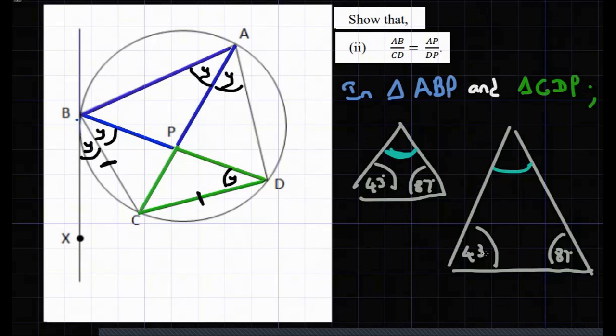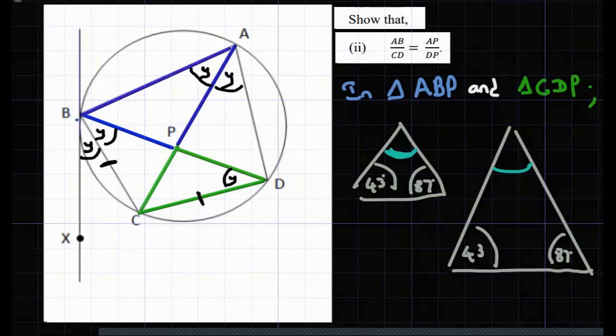We have 43, 43, 87, 87. So just by looking at two pairs, 43, 43, one pair, 87, 87, one pair, can we say that the triangles are equiangular? Yes, we can. Why? If two angles are equal, definitely the third one is going to be equal. How? We know in a triangle, angles add up to 180.